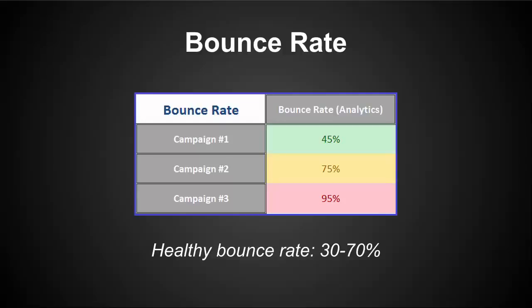If it goes past 70%, the bounce rate's getting a little bit higher. Another thing to take into consideration when determining what a quote-unquote healthy bounce rate is, is whether you're on the search network or the display network. That 30 to 70% is much more applicable to the search network. Display network will have significantly higher bounce rates, and you'll see that a healthy display network bounce rate will be more in the 80 to 90% range.